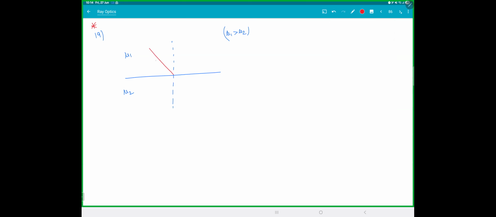If you send a light ray here, this is I. Plot the deviation versus I graph. Plot delta versus I. For different angles of incidence, you get different deviations. Plot the graph. Let's get this.